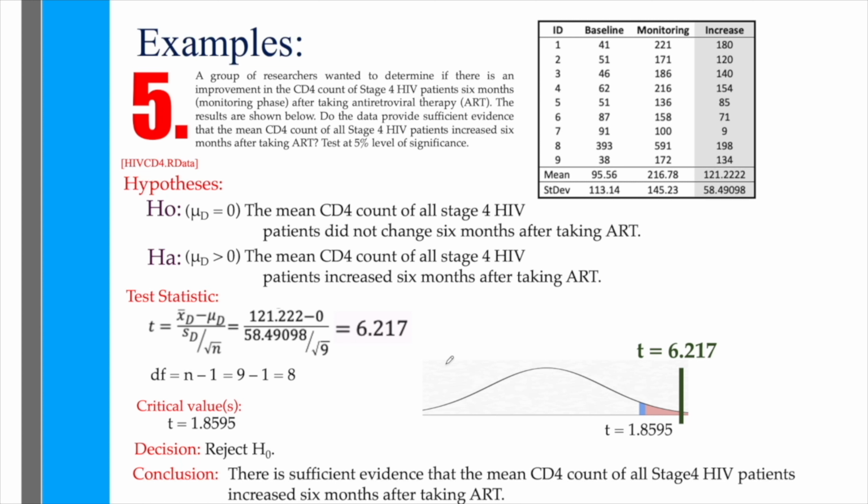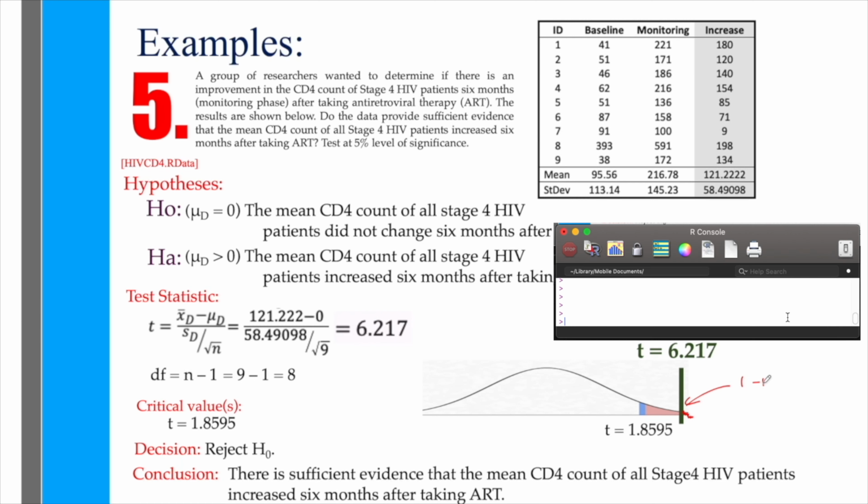Then as for the p-value, we just have to get the area to the extreme of this test statistic, which is 1 minus pt, then the value of t, which is 6.217, and the degrees of freedom, which is 8. We're going to get a very small p-value, which when rounded off to 3 decimal places is 0.000. Thus, we're just going to write it as less than 0.001.